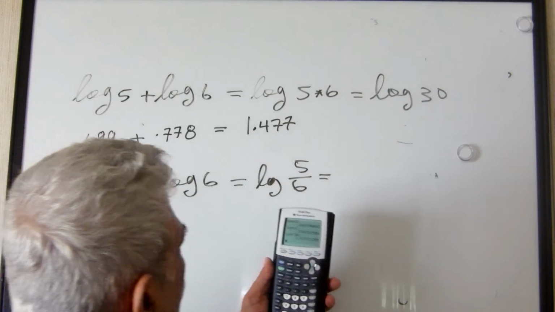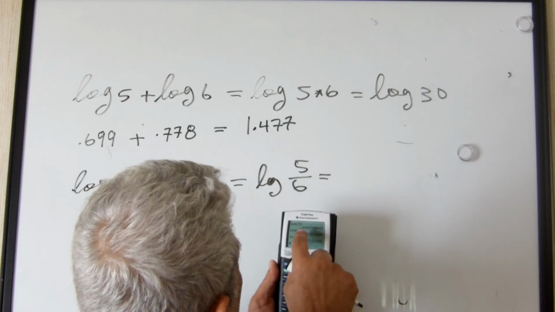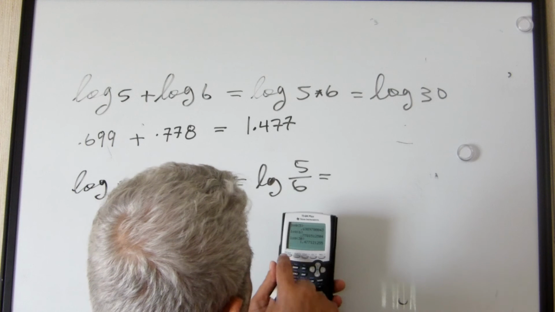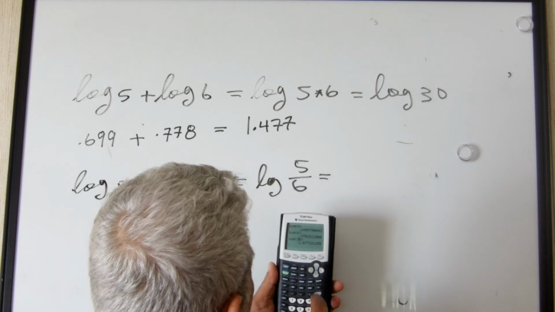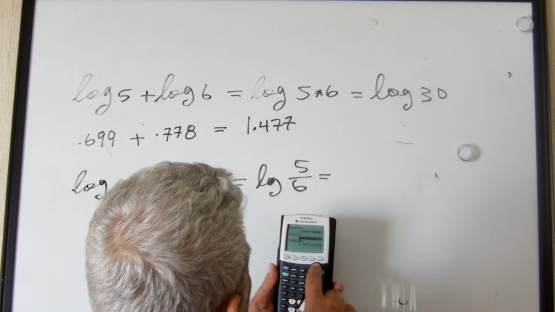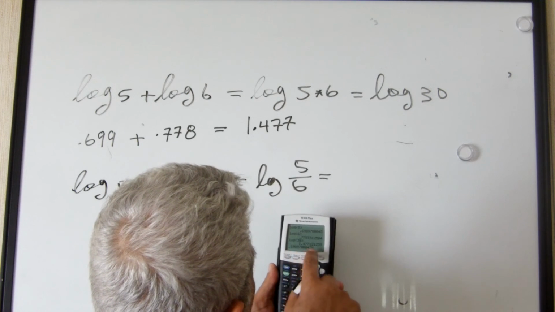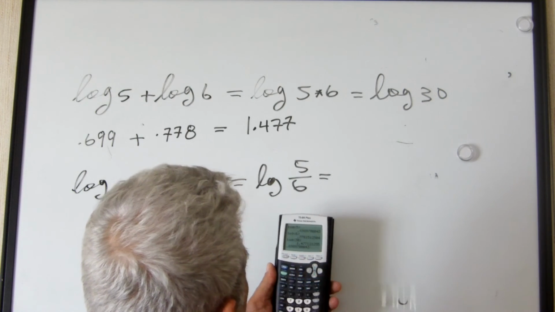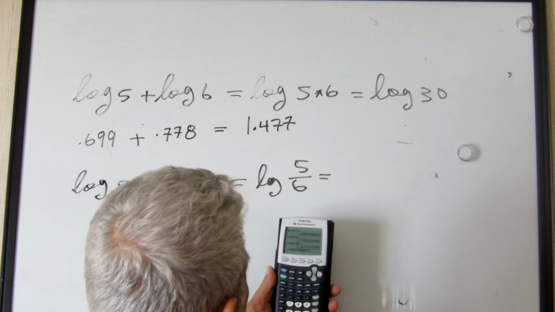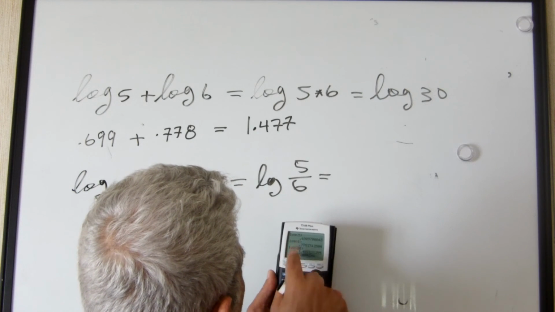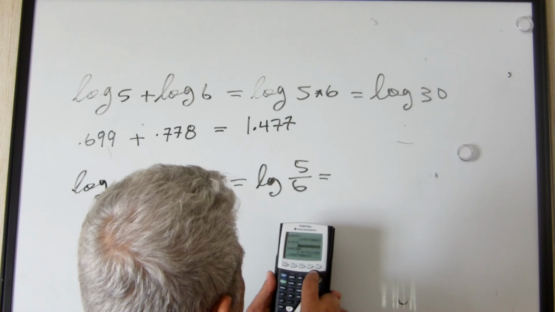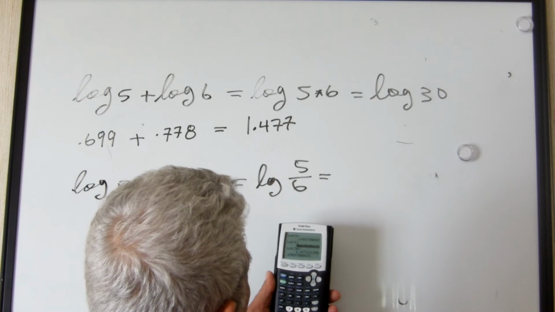If you want to write the value of the last line, you go up there and enter, and you bring down all this here. Plus log of 6, which is this, and then you push enter.